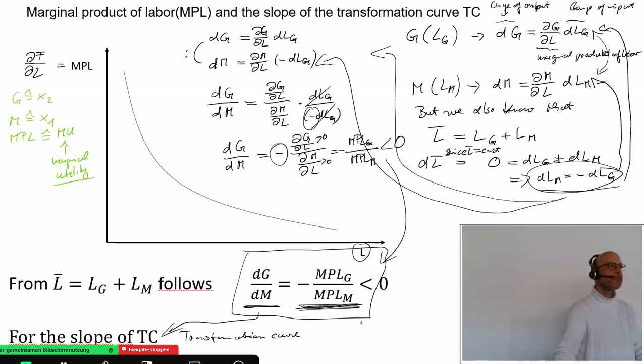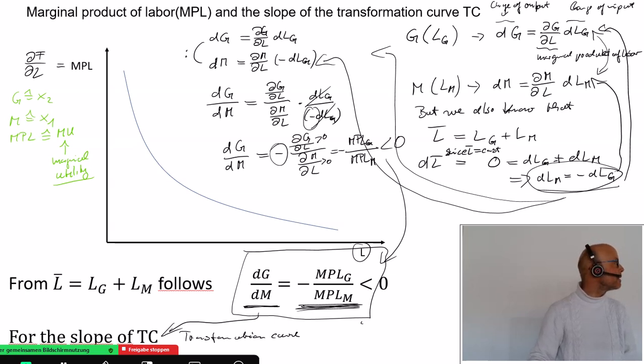Yep. Not the utility function, but what have you done when you calculated your household optimum? You were interested in two things: the slope of the budget line, which was the price ratio, and the slope of your indifference curve.